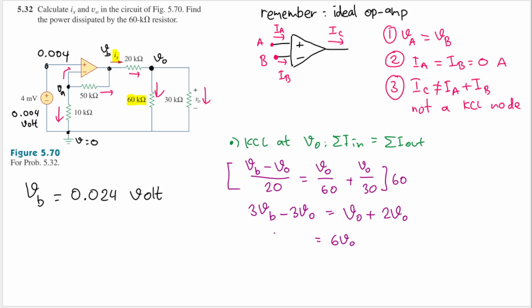On the left hand side, I will have 3 VB. Or we can rewrite that V0 is 3 over 6 of VB, but VB is this one, so I will have 3 multiplied by 0.024 divided by 6.